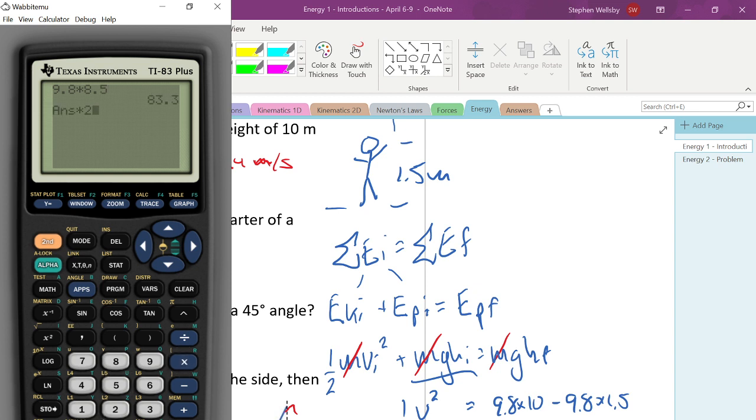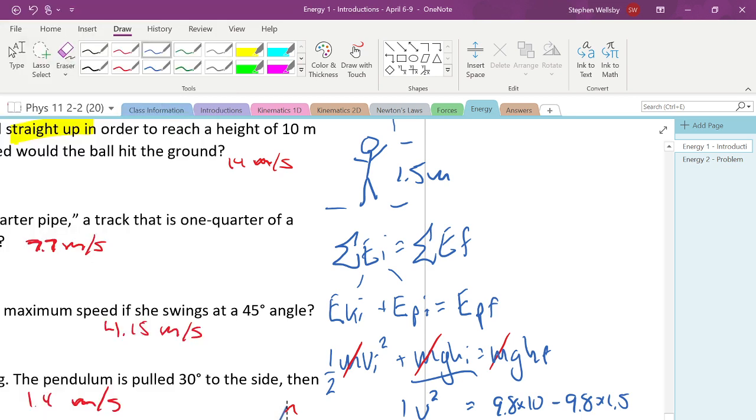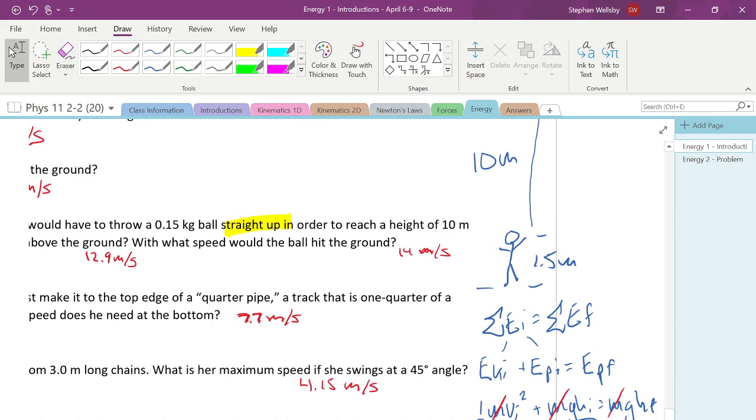Multiply that by 2, and then take the square root, and that gives us the answer that we have here: 12.9 meters per second. So that's the answer that we have up here.